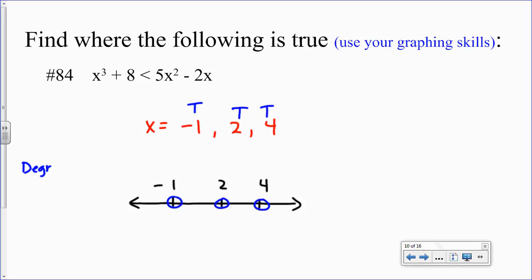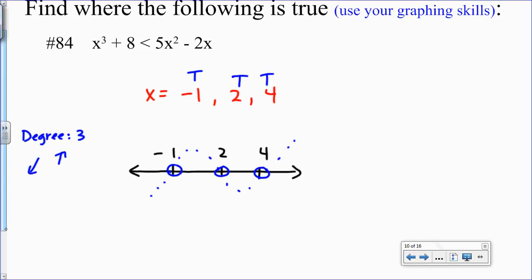It's degree 3. Positive A value, so down, up. Okay. You want less than 0, so you want the parts that are below, so right here and right here. Okay, so on the number line, here and here, so 2 intervals.